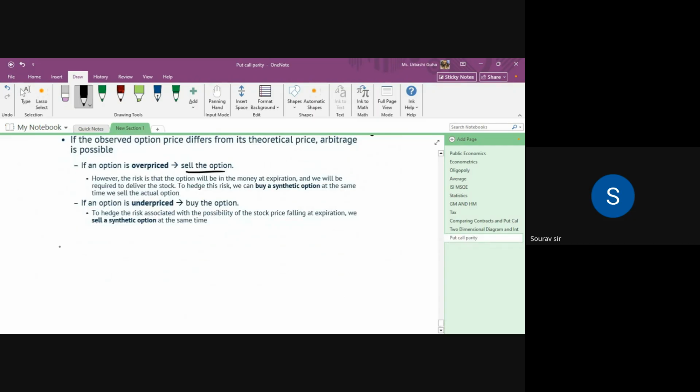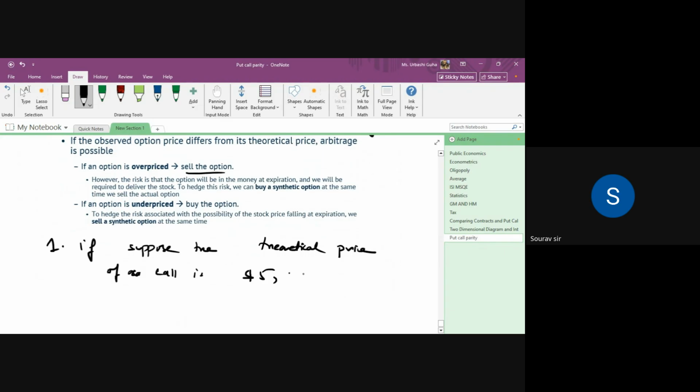Like suppose the theoretical price of a call is $5 and the market price is $7.